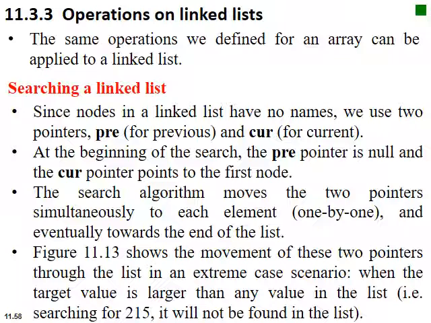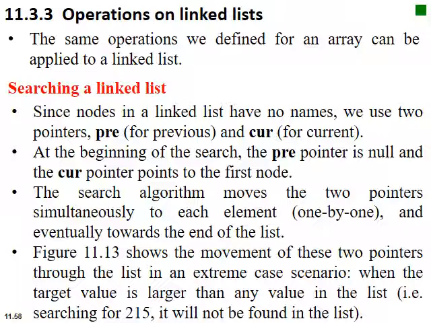Now figure 11.13, which we will view at the end of this lecture, shows the movement of these two pointers. At the end of the lecture you will see the full algorithm. But figure 11.13 shows the movement of these two pointers through the list in an extreme case scenario.